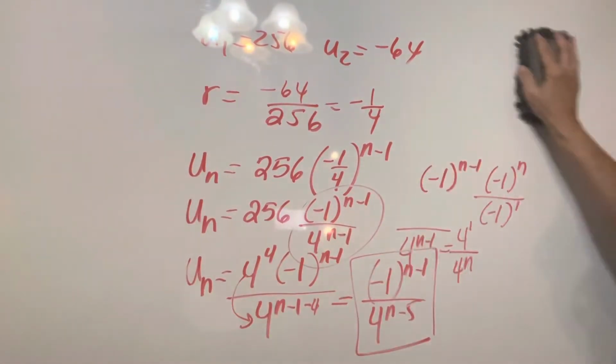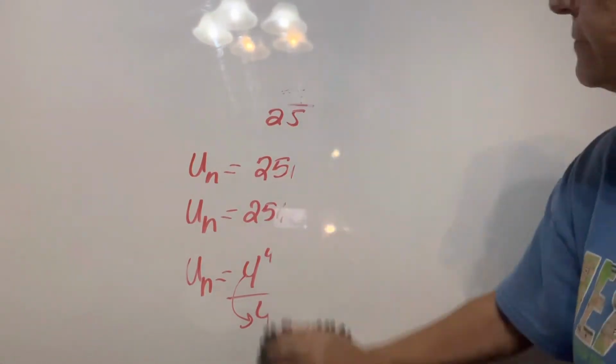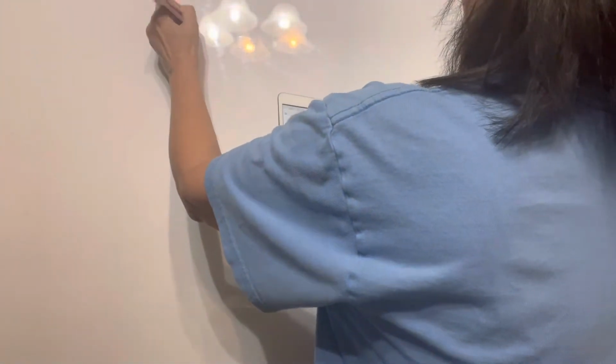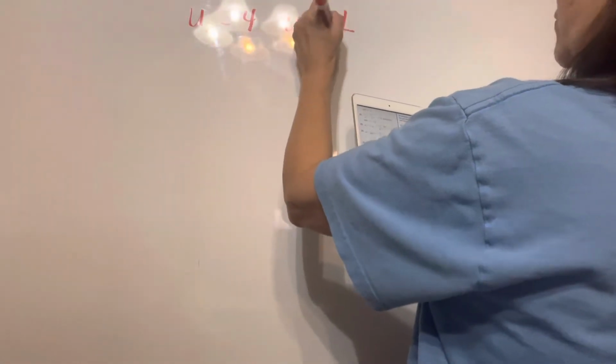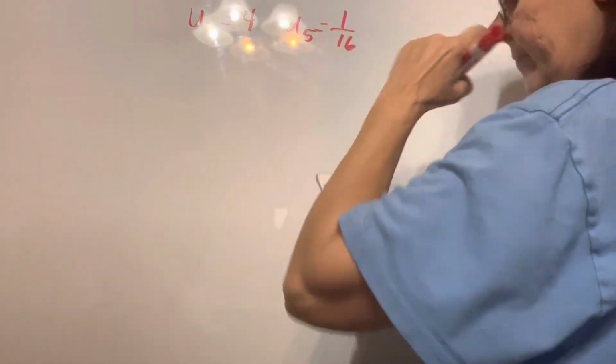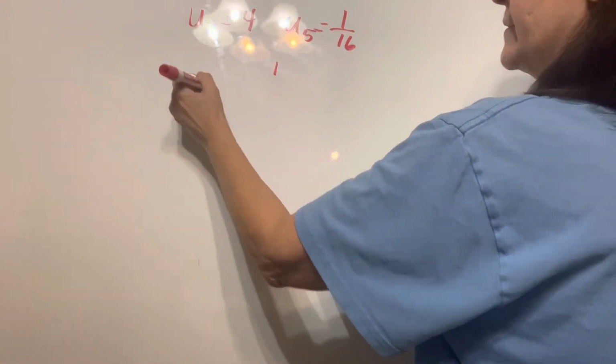Number 25. We have u sub 2 is 4 and u sub 5 is 1/16. I need the rate.